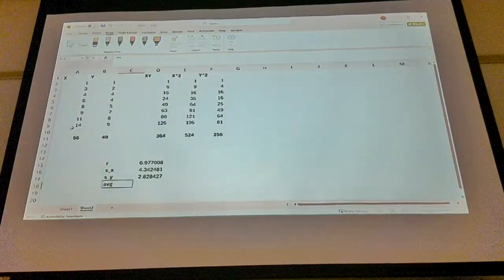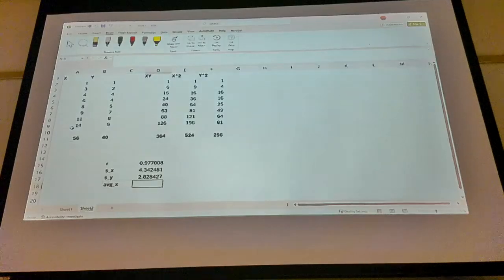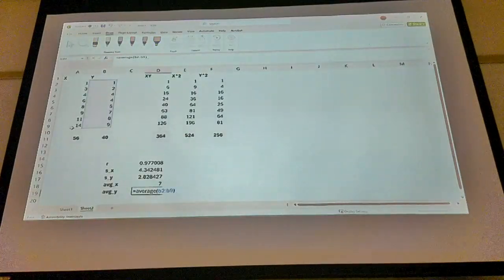Average for the x. Average, vendor data. And then average for Y. I didn't do this by hand. Boom.